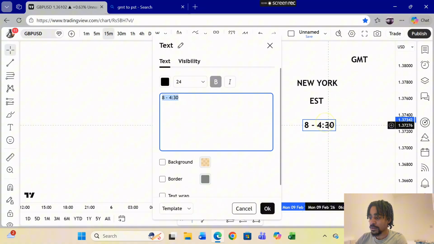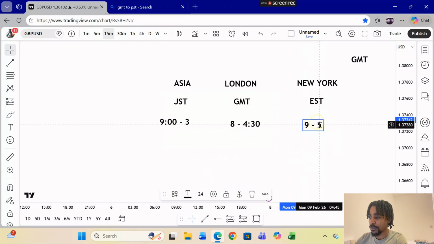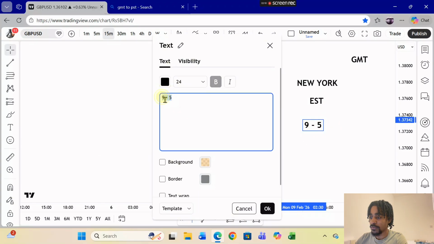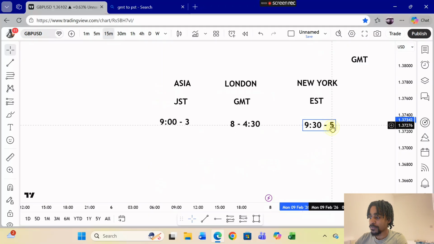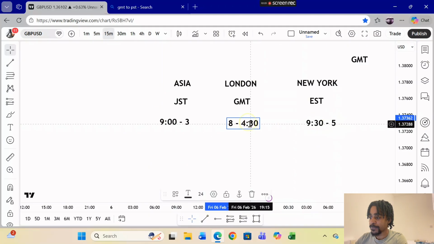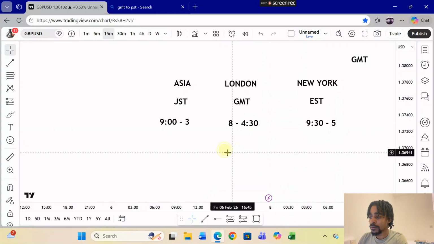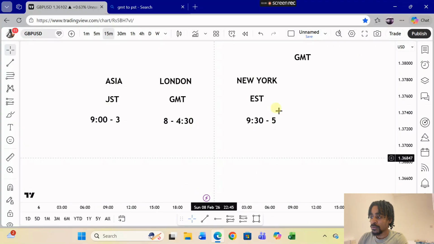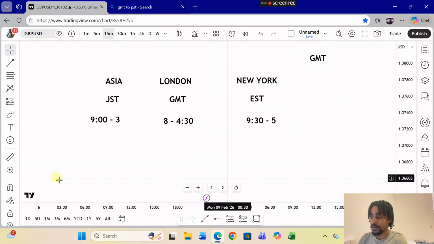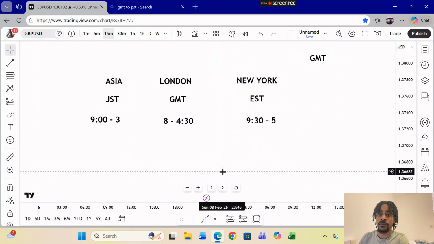And then EST, we have 9 to 5. Sorry, 9:30 to 5. That's how it looks. So always make sure to convert it to the time zone that you are operating in, so it makes more sense.